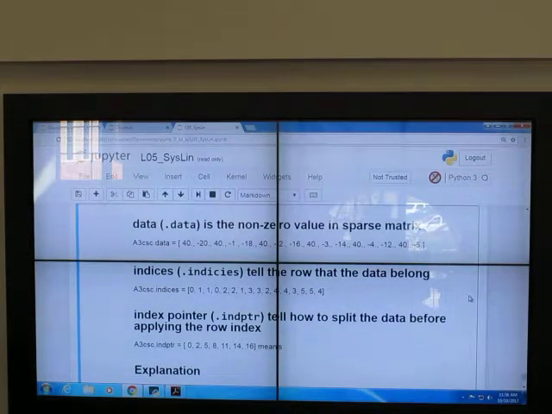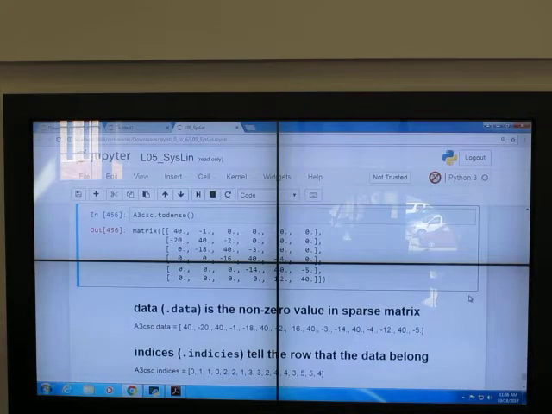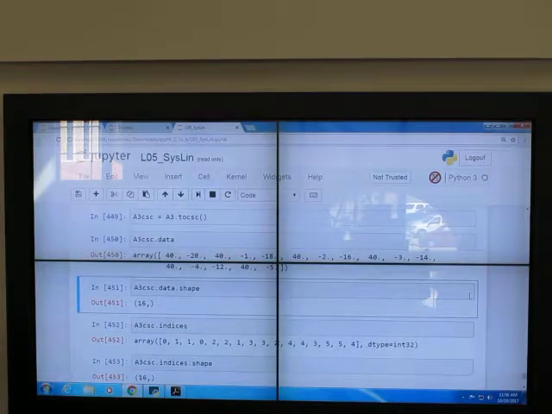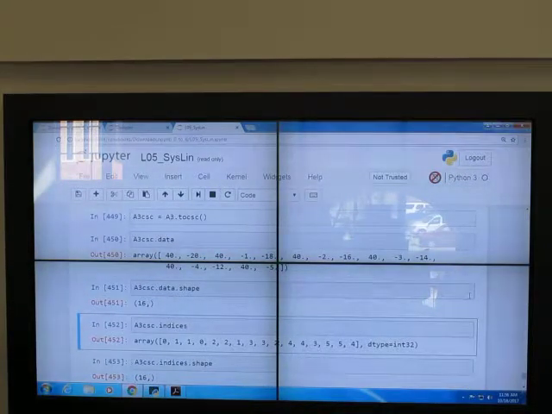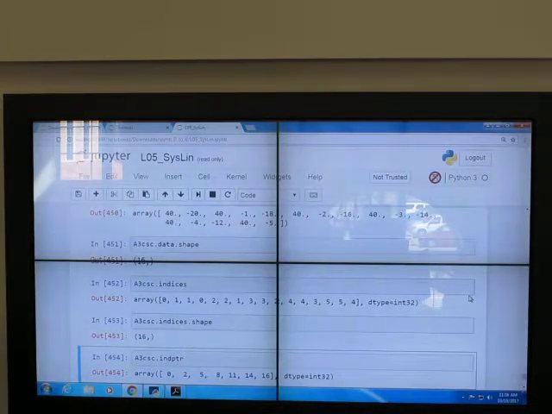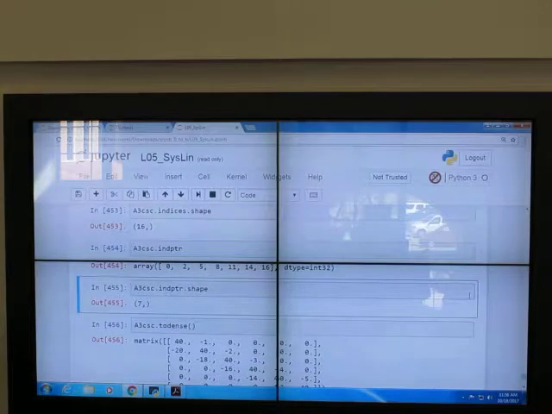Dot index pointer tells how to split the data before applying the row index. Let's see the shape. How many numbers do we have? We have 16 numbers. How many indexes? We have 16 indexes. What about this index pointer?